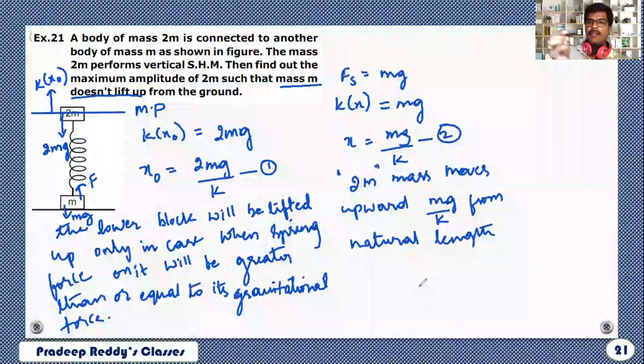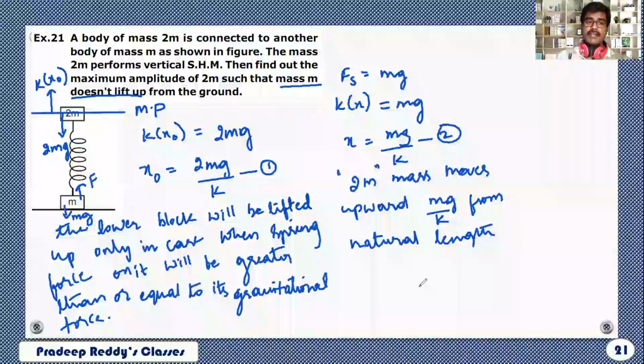So for example, if you are pulling this 2m mass in upward direction, on the mass m, if gravitational force is less than the applied spring force, then both masses will be lifted up. That is one situation.